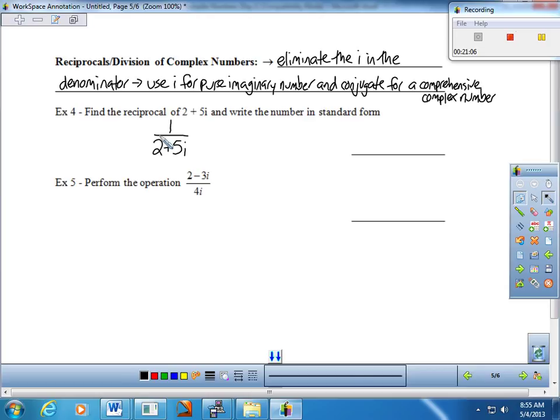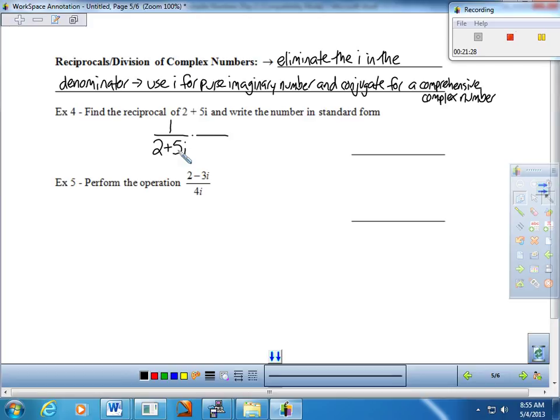Obviously, everyone, this is not written in standard form. So what I want to do is, rather than performing some operation, basically saying, how many times does 2 plus 5i divide into 1? Rather than trying to do an algorithm for that particular quotient, what I'm going to do is just change the form of the number. I'm going to eliminate the i down here.